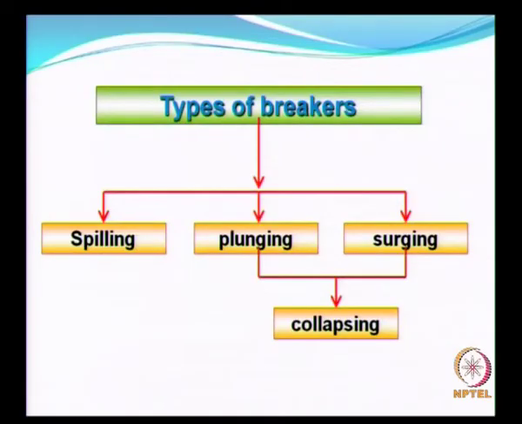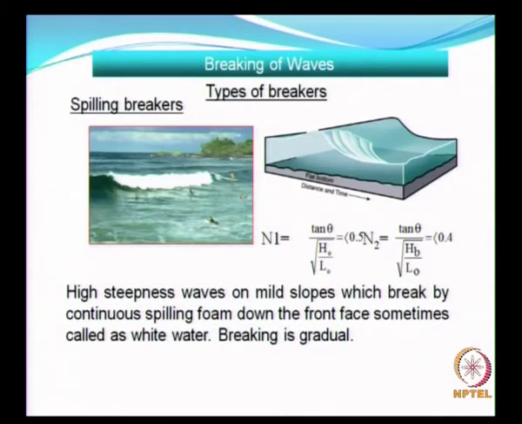So you have spilling type of breakers, plunging type of breakers, surging type of breakers, and there is a classification in between plunging and surging, which is called collapsing. The picture at the background shows a spilling breaker.